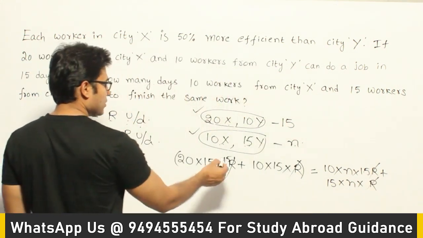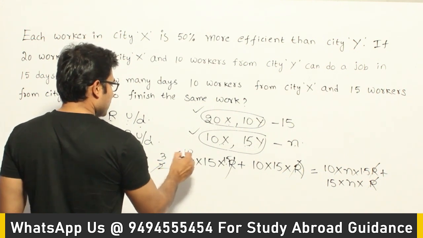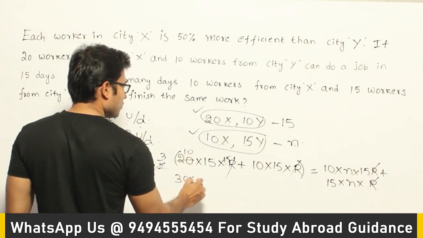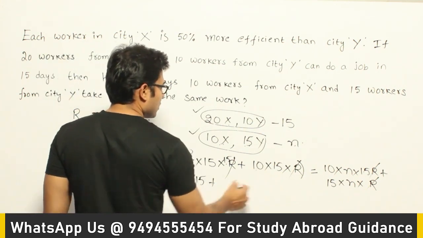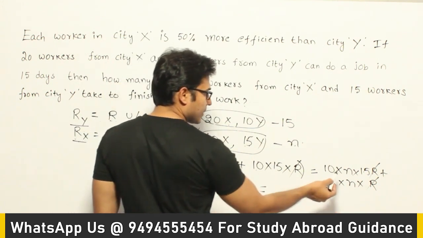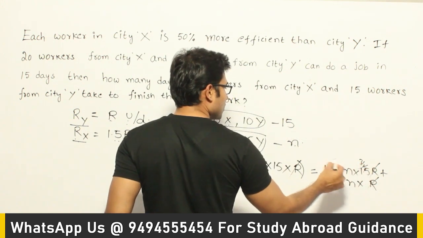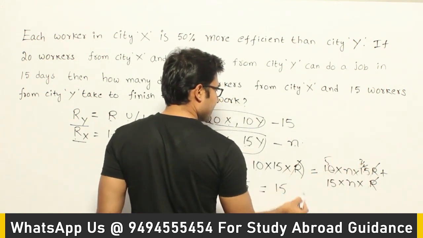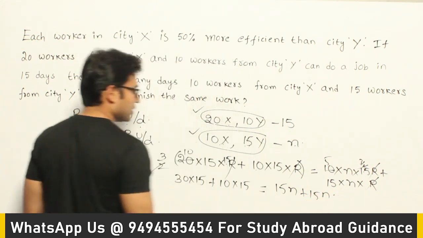So you can just write 1.5 as 3 by 2: 3 by 2 into 10 into 15... so 3 by 2 times 20 into 15 plus 10 into 15 equals 3 by 2 times 10n, which is 15n, plus 15n, 30n, right?